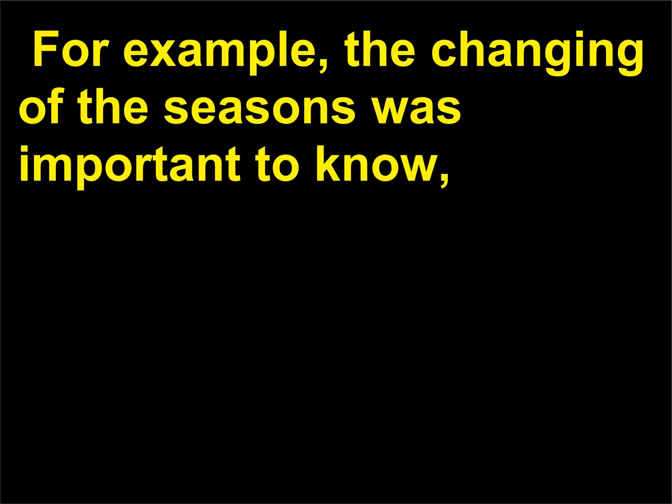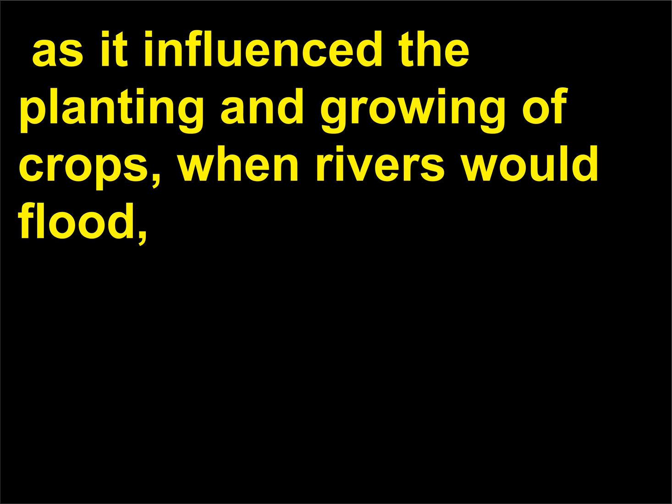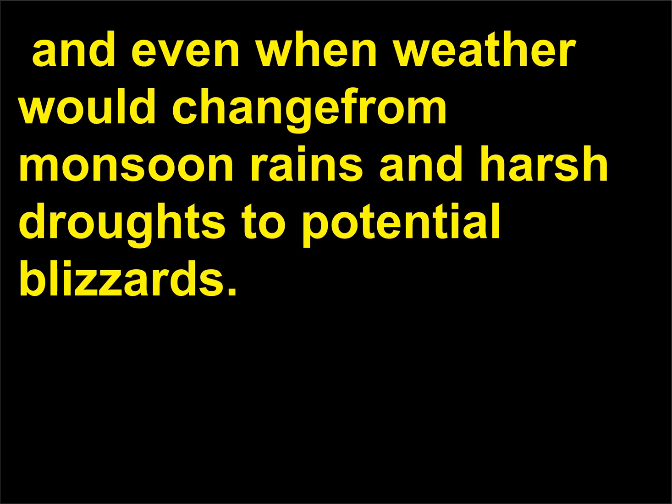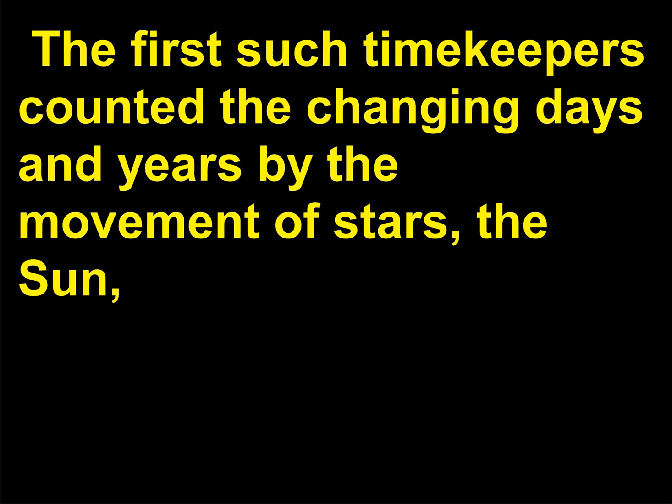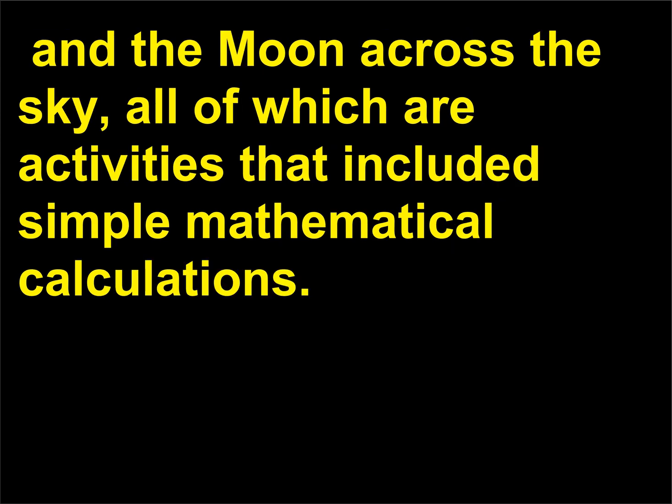For example, the changing of the seasons was important to know, as it influenced the planting and growing of crops, when rivers would flood, and even when weather would change from monsoon rains and harsh droughts to potential blizzards. The first such timekeepers counted the changing days and years by the movement of stars, the sun, and the moon across the sky, all of which are activities that included simple mathematical calculations.